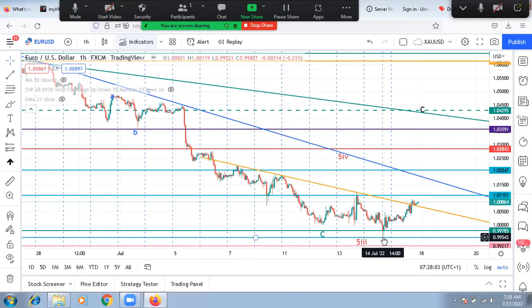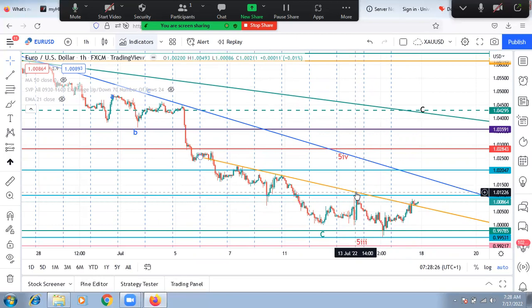But then, before we can say that yes, this collective structure is completely done around here, we have to first break above here. We have to break above 1.01226. That's the first thing we have to break above.